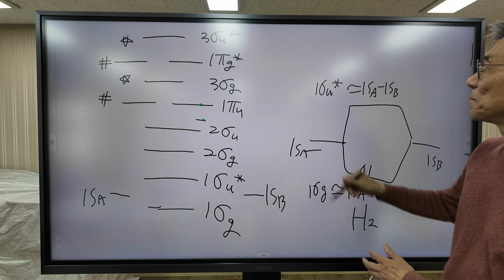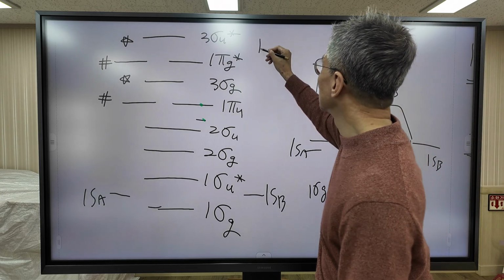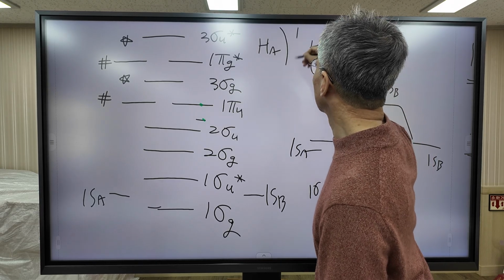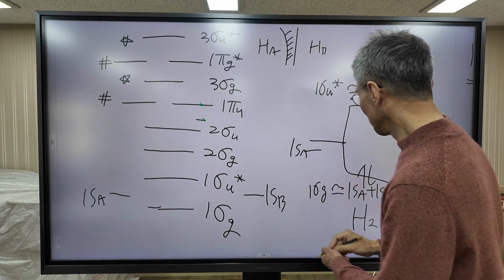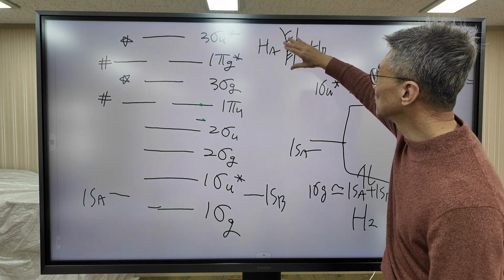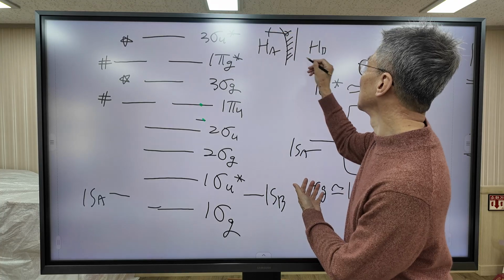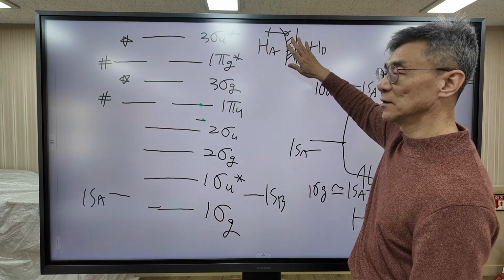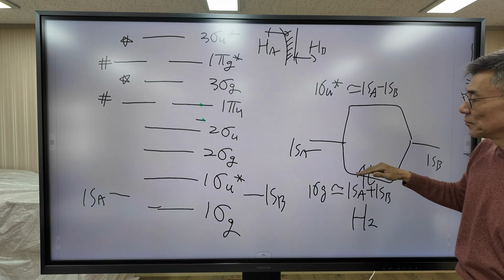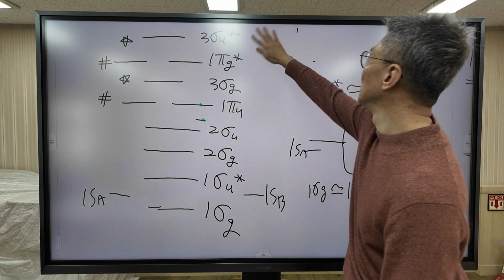Because, as I said before, in the bonding orbital the electrons are concentrated in the middle, so the attractive energy is increased. So the energy level is lower compared to the atomic energy level. So this is the MO diagram.